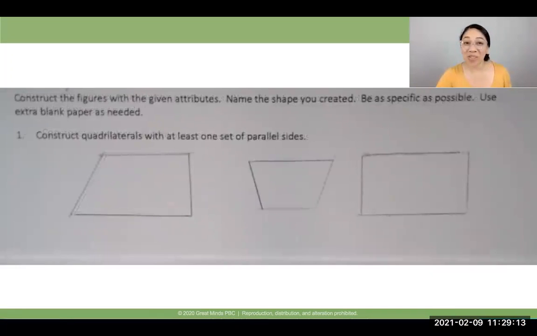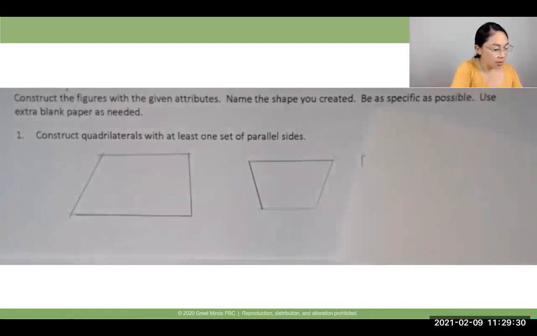Welcome back. How did you do? Here are the other two quadrilaterals I constructed. Let's take a look at this first one here. Can you identify two parallel lines in this trapezoid?